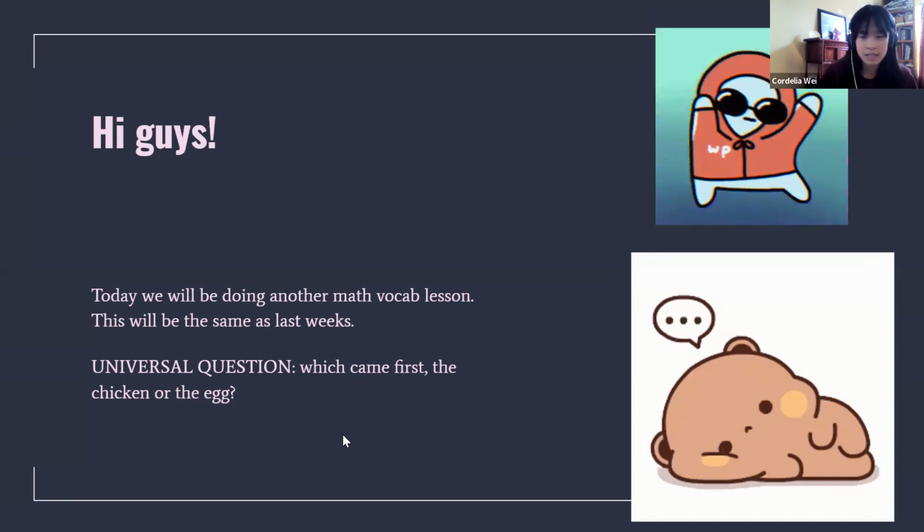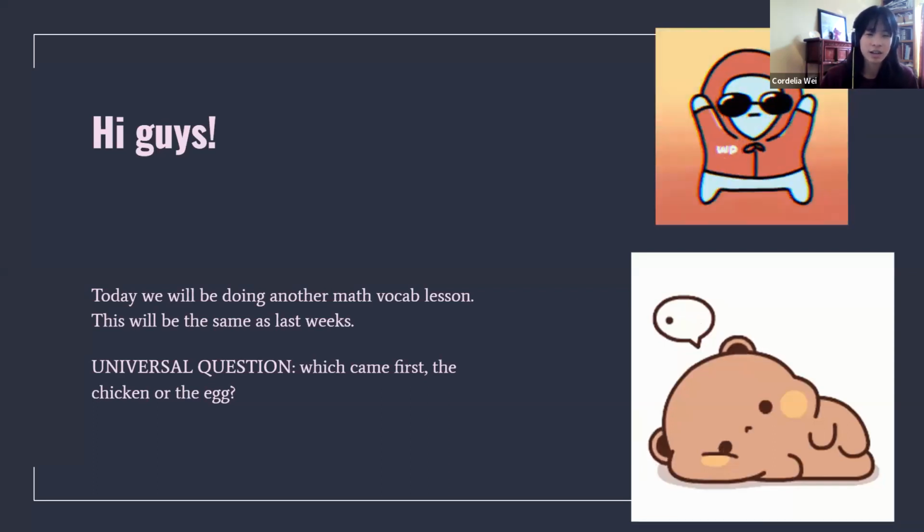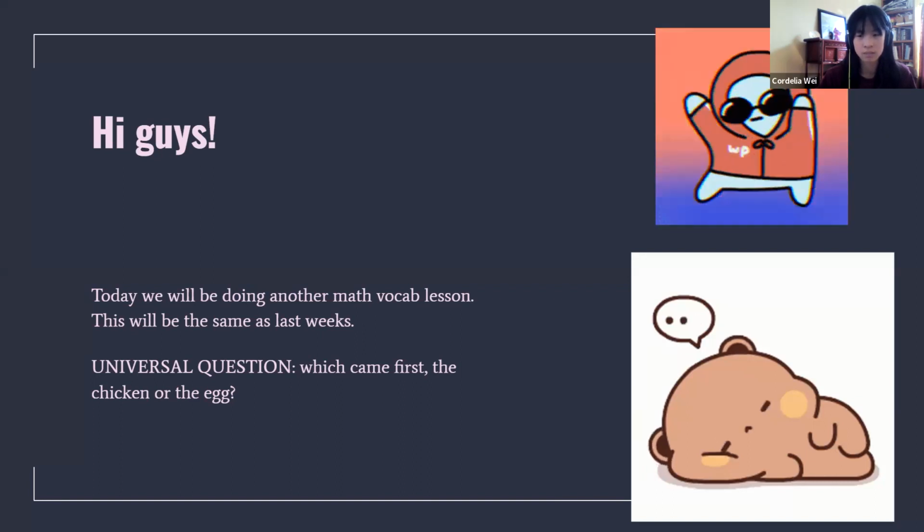Well, personally, I just think that the egg came first. I know this might be a little bit sciencey, we're doing math, but I feel like there was a mutation in like a dinosaur egg or something because birds and chickens are the closest relatives to dinosaurs. So I thought, well, it could just be mutation.